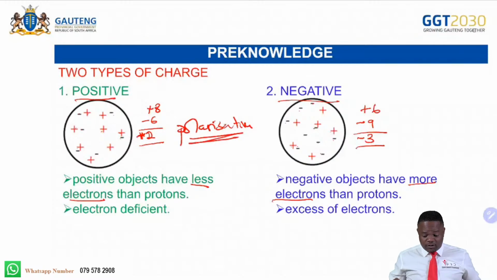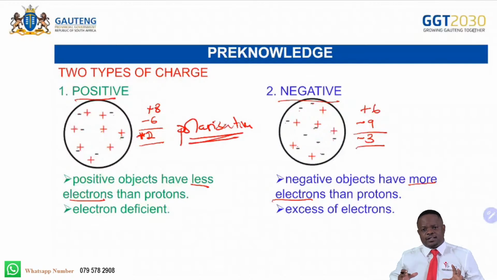Right. So all this information that we are talking about in our pre-knowledge is part of our section on electrostatics. And I hope you remember those sections. As I said, in our lesson for today, we want to focus on the conservation of charge and charge quantization.